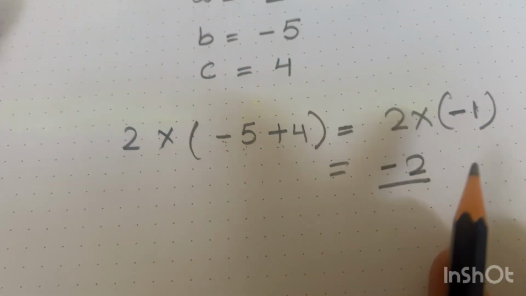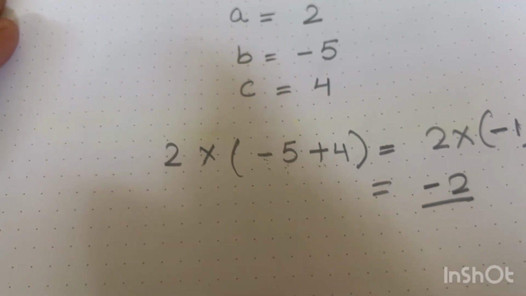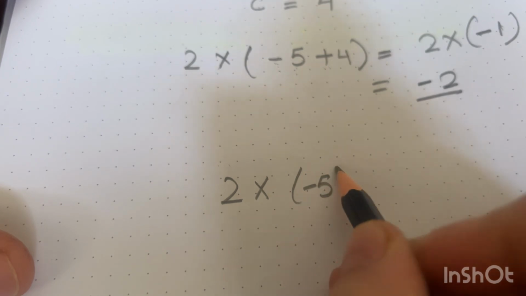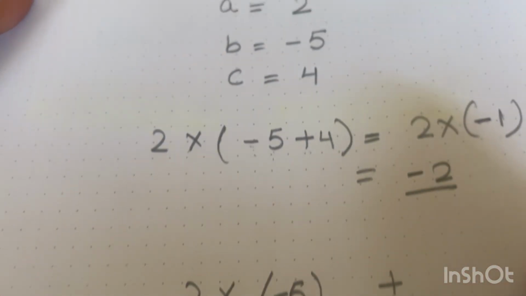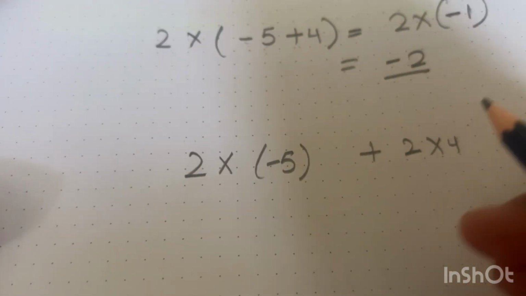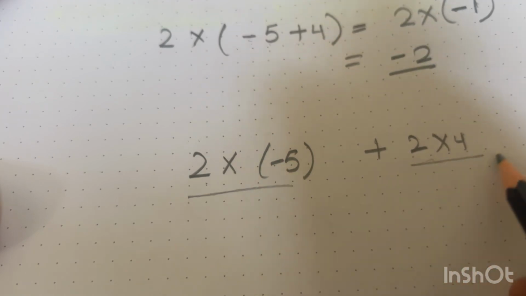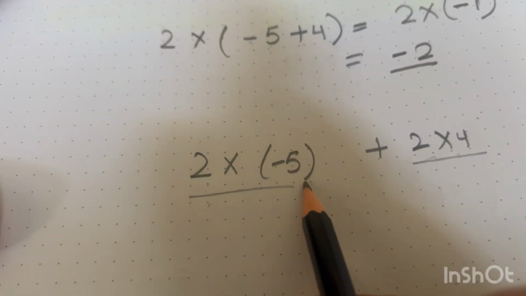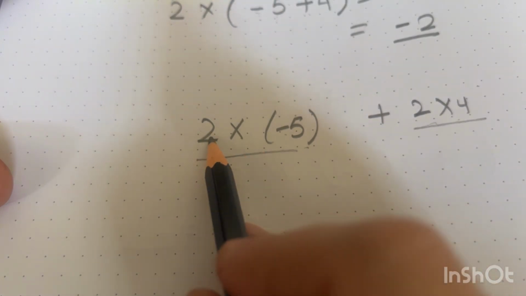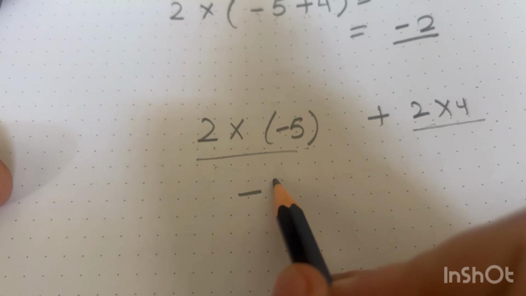Now let us solve the right hand side: a multiplied by b, 2 multiplied by minus 5, plus a multiplied by c, that is 2 multiplied by 4. First of all let us solve the multiplications. 2 fives are 10, and again the sign will remain minus, as in multiplication of a positive and a negative integer the sign will be minus.